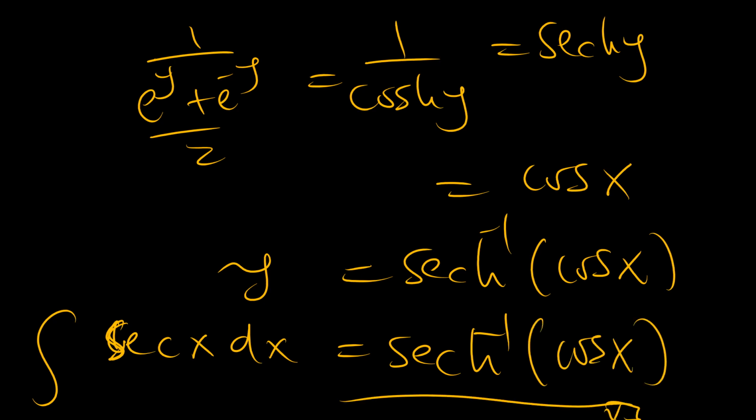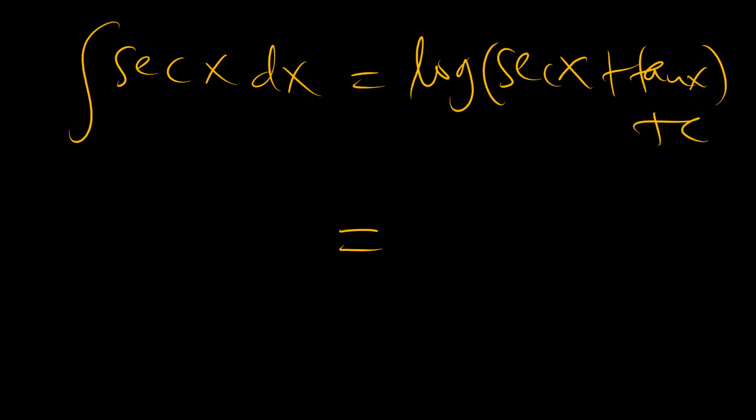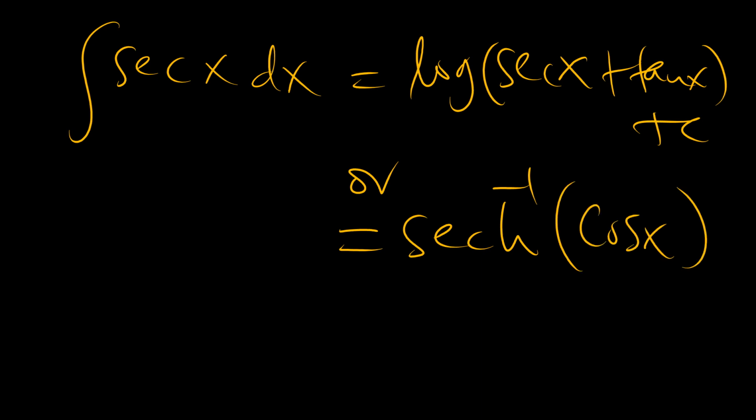So this is the same answer. So we could summarize this and say the integral of sec x is the same as log of sec x plus tangent x plus c, or the same as the arc hyperbolic secant of cosine x.